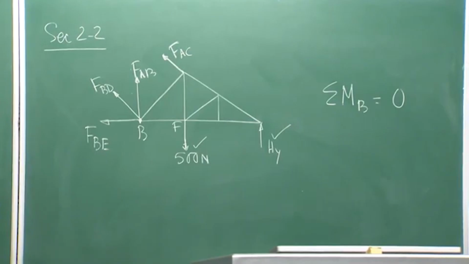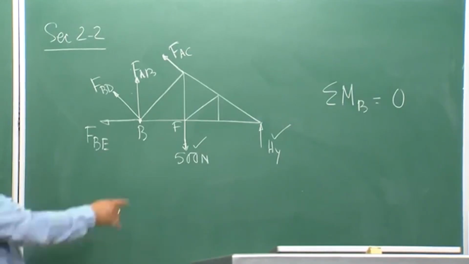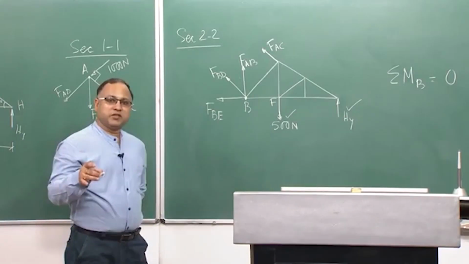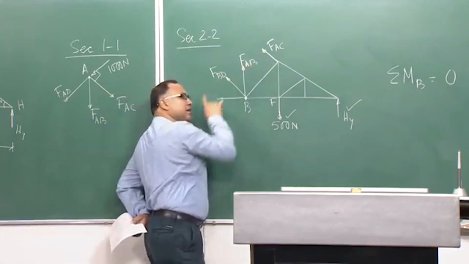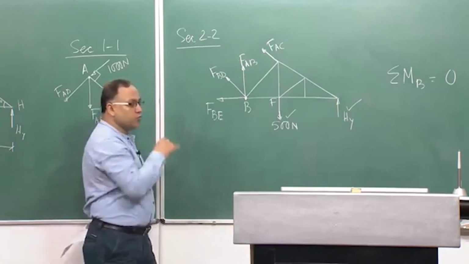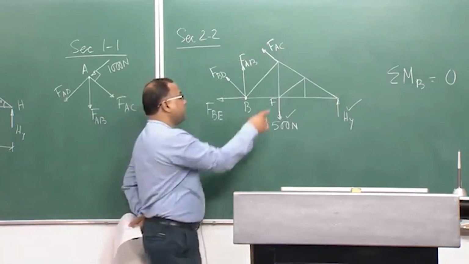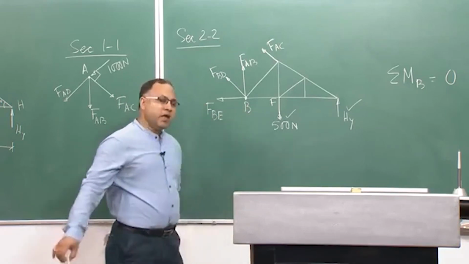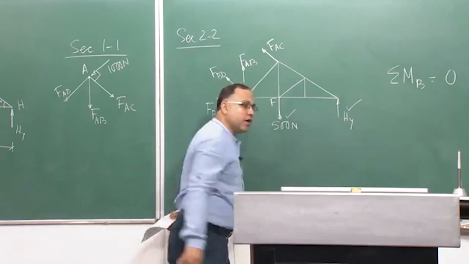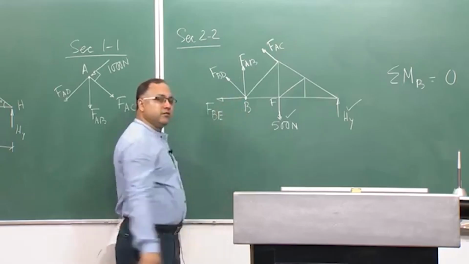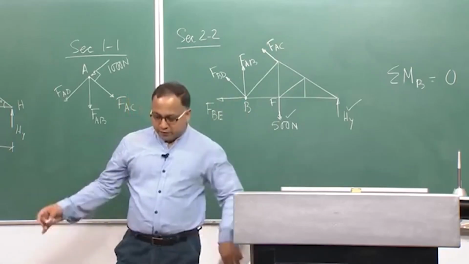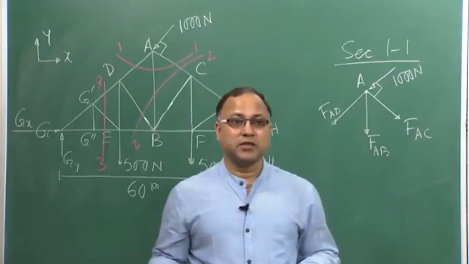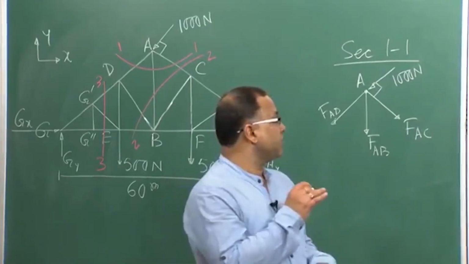So, which one will be left out? FAC. So, taking the moment of force FAC, the moment of the 500 Newton force and the moment of force Hy with respect to point B, and the algebraic summation of these moments, you will get the unknown force FAC.